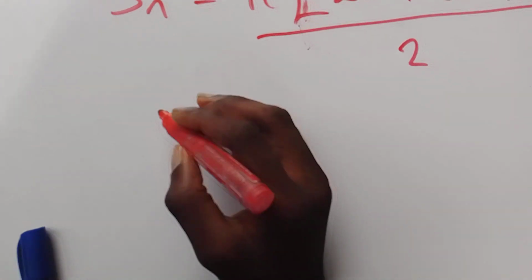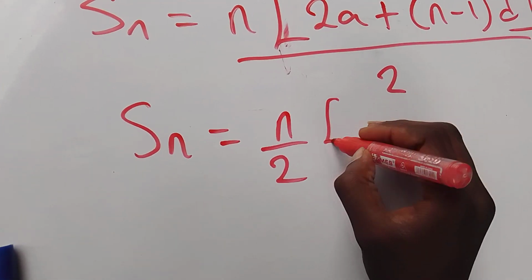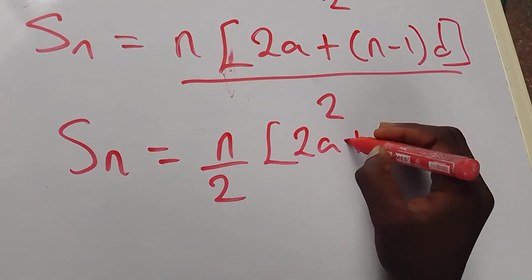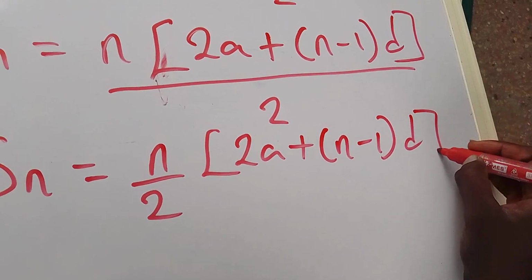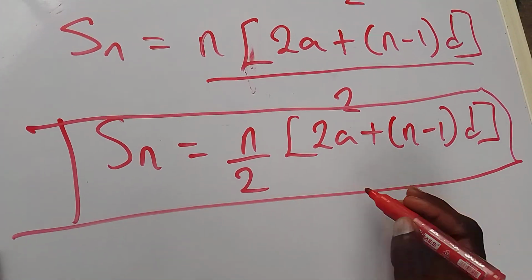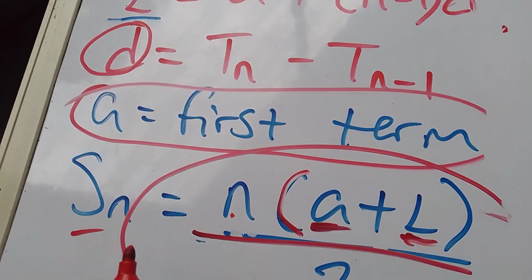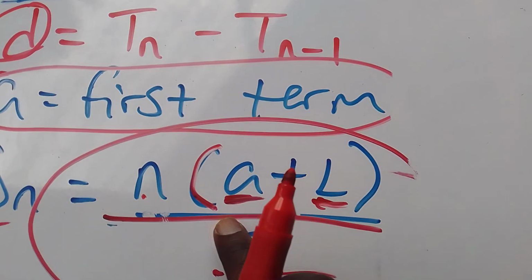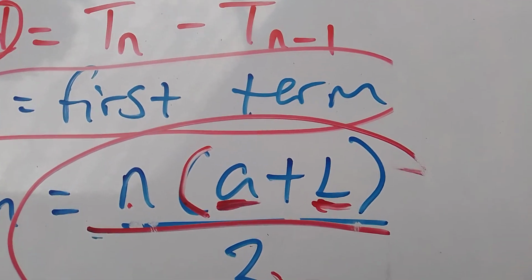And to finish it, Sn equals n over 2 into (2a plus (n minus 1) d). Almost all the textbooks, this is how they give it. But this formula is derived from Sn equals the number of terms multiplied by the sum of the first term and the last term divided by 2. Now let's move to examples.